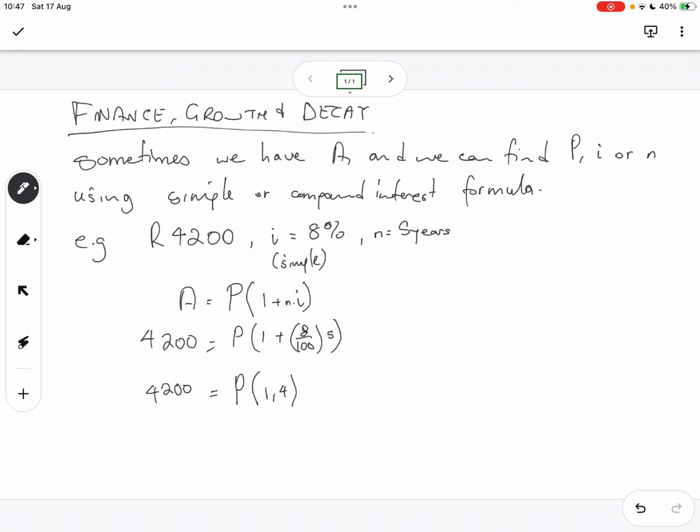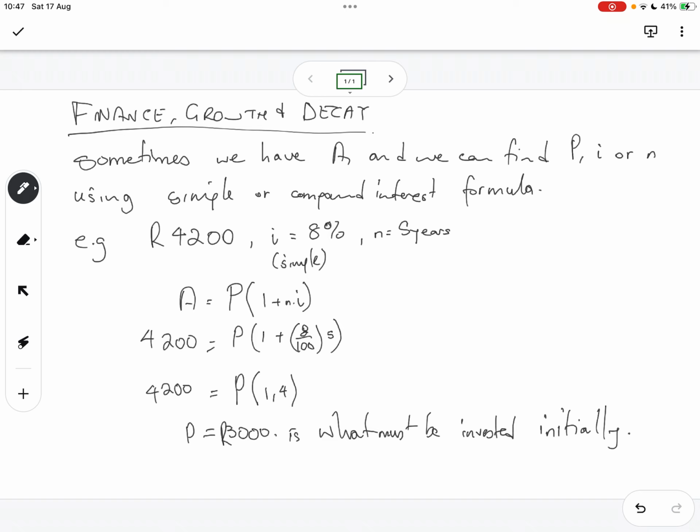So 4,200, then I take the multiplicative inverse of 1.4 times 4,200, and so that's the amount of money that must be invested initially.